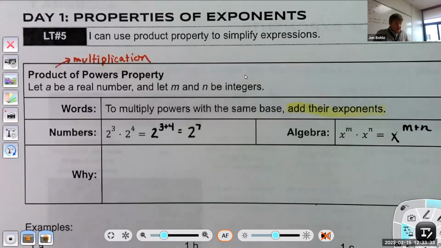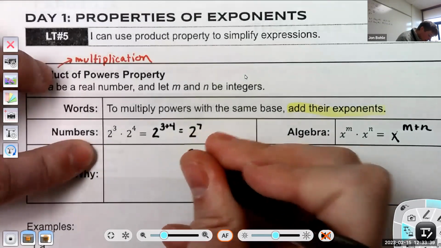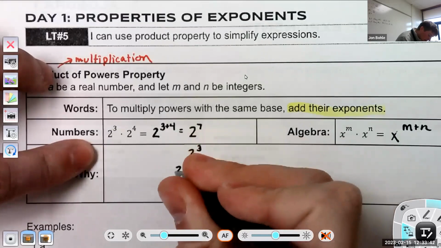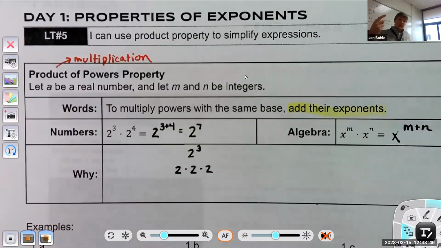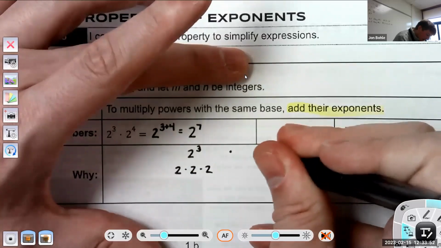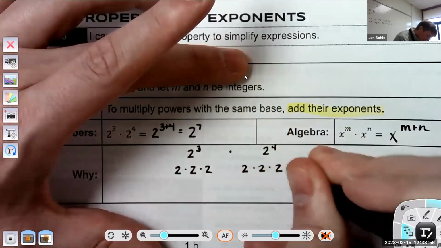Okay, so we have what the rule is. Let's explain why this rule works the way it does. Because if I have 2 to the 3rd power, hopefully we remember that that is 2 times 2 times 2. That's what it means to have 2 to the 3rd power. Have 3 2's all multiplied by each other. Okay, and then if I multiply that by 2 to the 4th power, that's 4 2's. 1, 2, 3, 4.